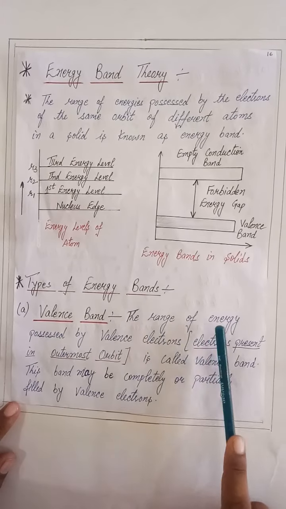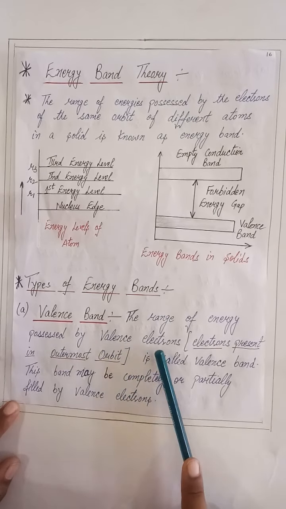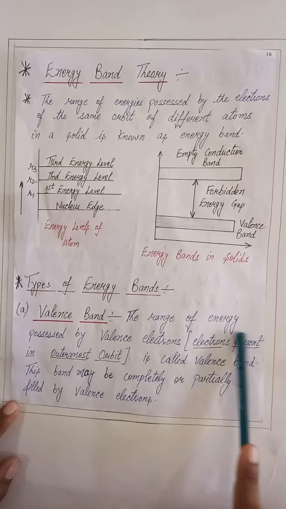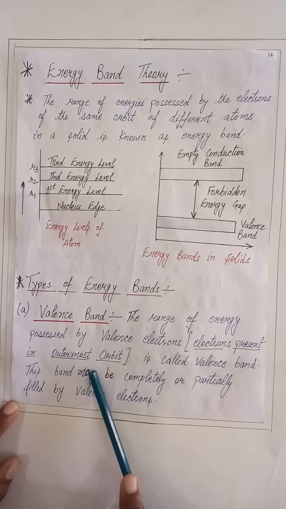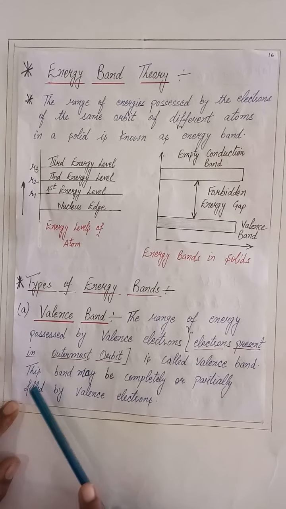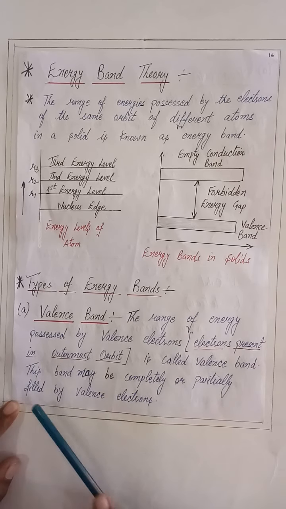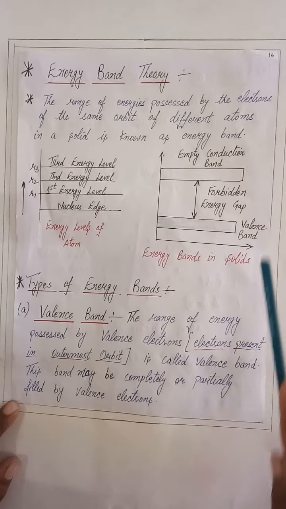The range of energy possessed by valence electrons present in the outermost orbit is called valence band. This band may be completely or partially filled by valence electrons.